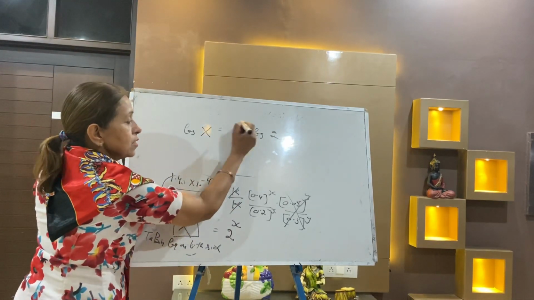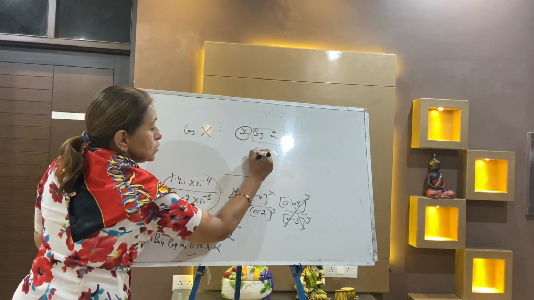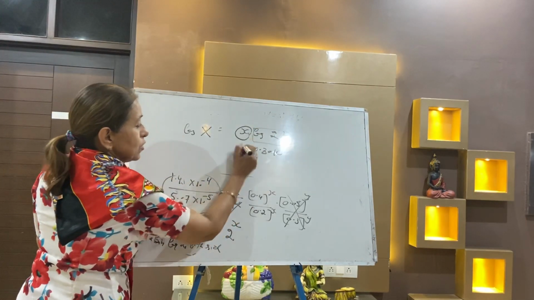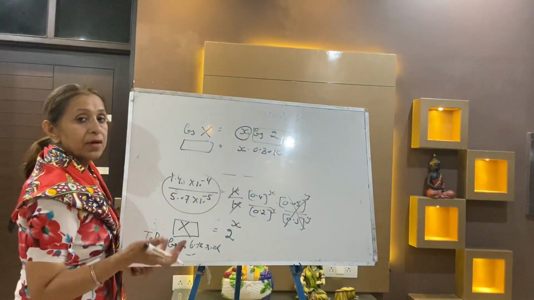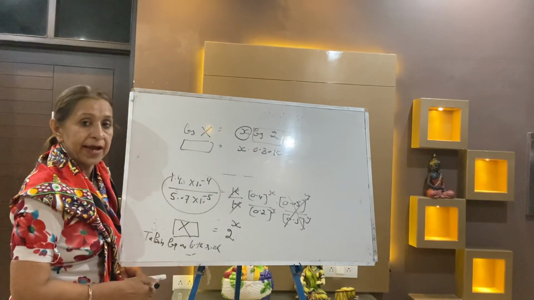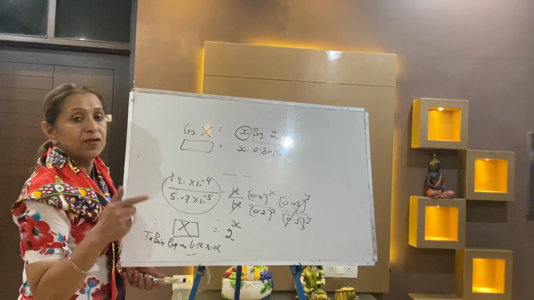Calculate x, because log 2 is 0.3010 into x. Whatever your log x comes, you can write here and find the x. Your x will come in fraction.